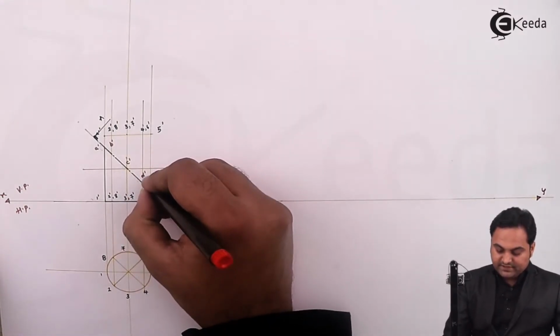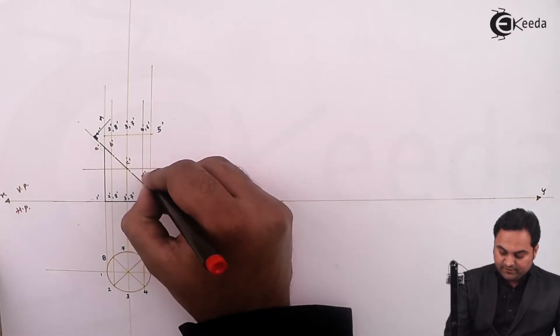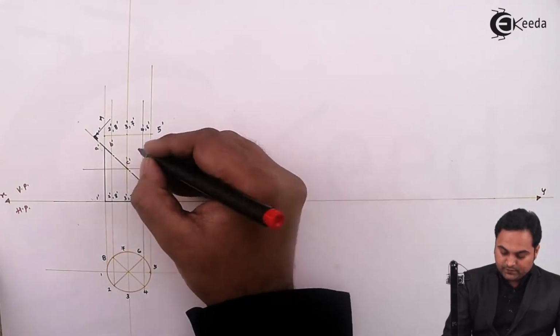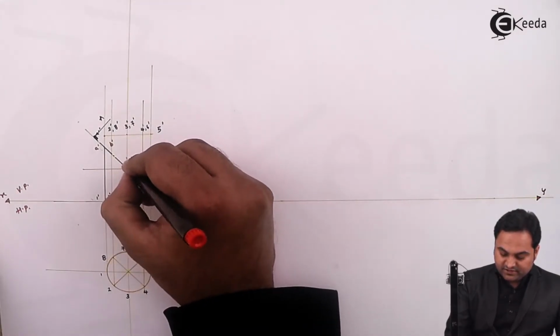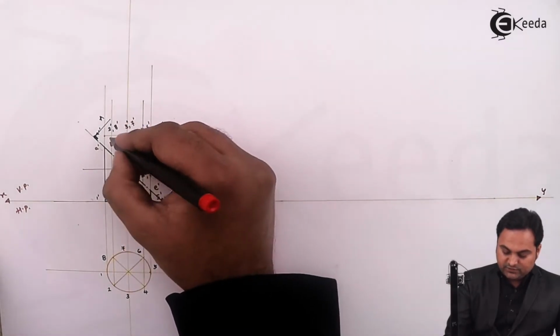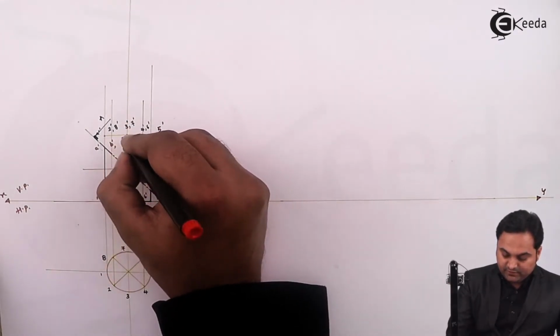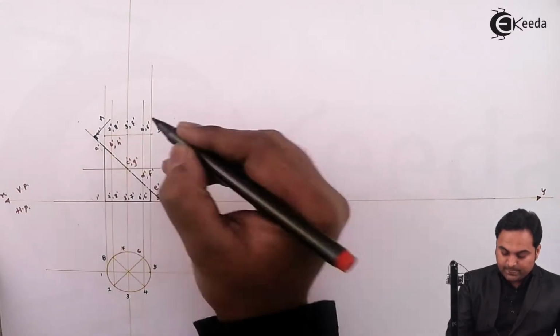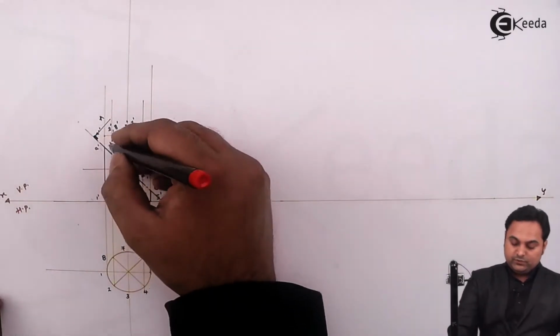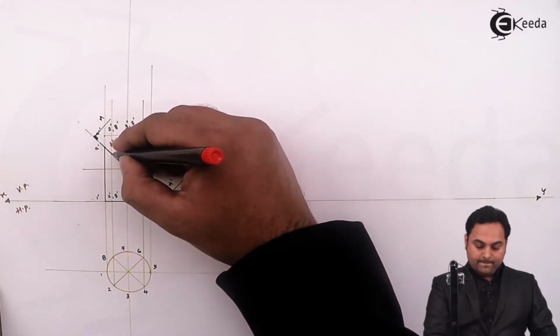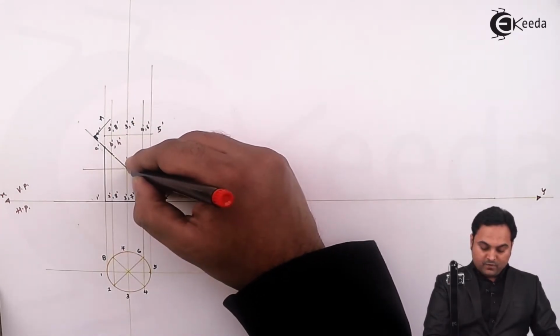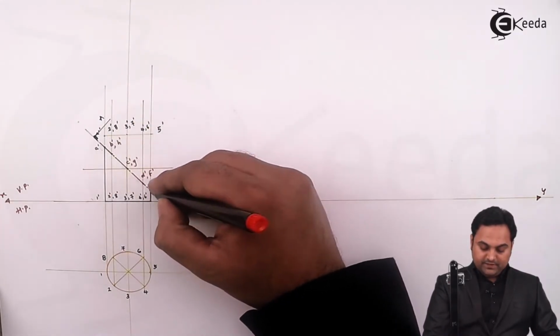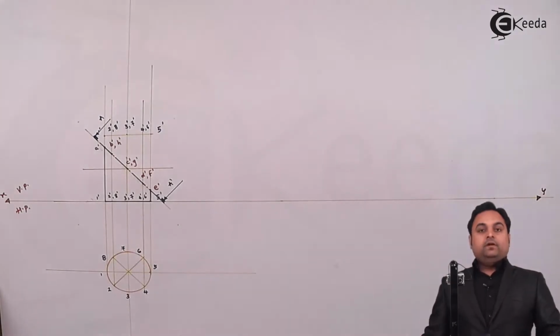Where it is cutting 6 dash 6 dash, that will be F dash. For 7 dash 7 dash, that will be G dash. At last, where it is cutting 8, that will be H dash. So these are the points which I am getting when the cylinder is being cut by the cutting plane.